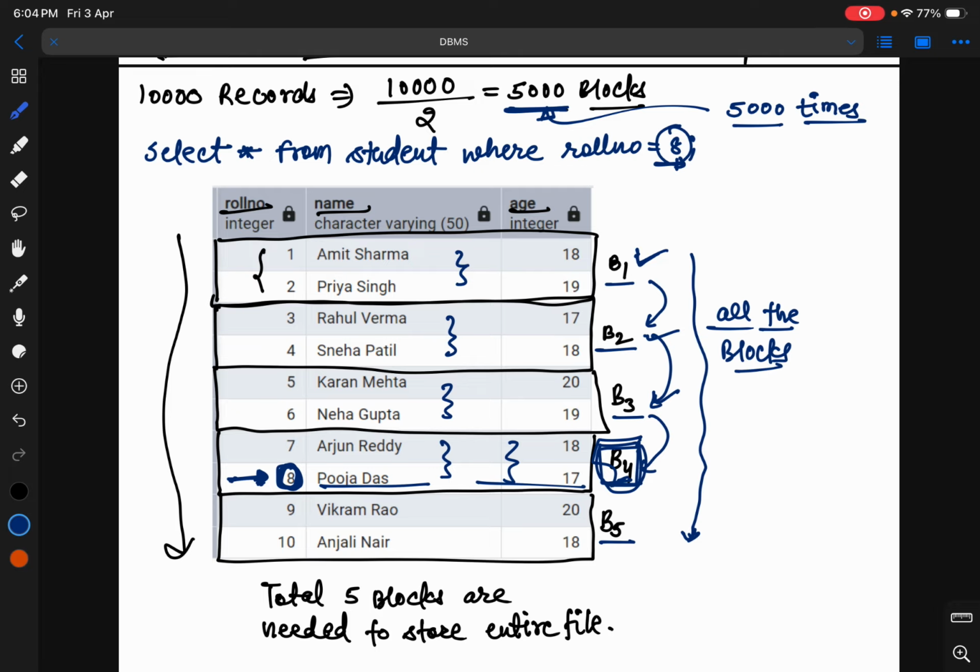This reduces the number of disk accesses and improves the search time in the DBMS. That's the purpose of indexing.